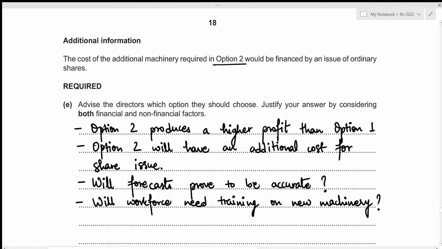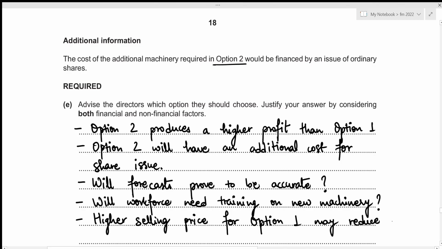And for option 1, we know that we are increasing the selling price. So maybe the higher selling price may reduce demand. Let's write it down. Higher selling price for option 1 may reduce demand.